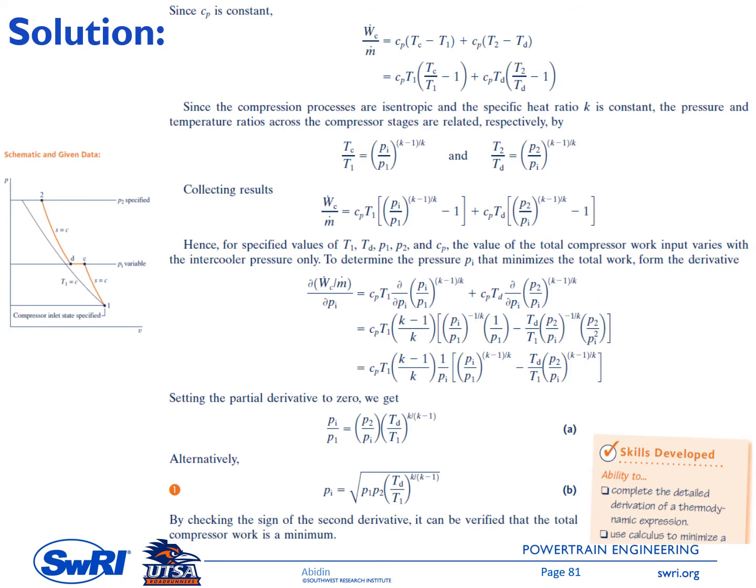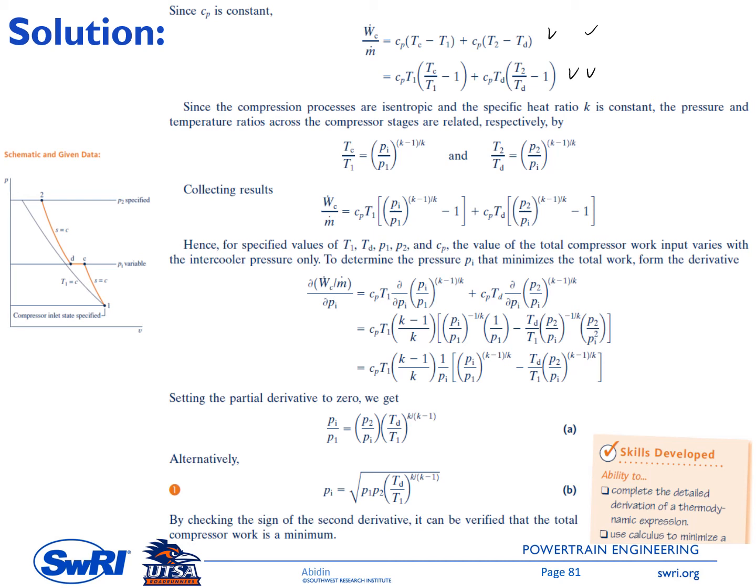The next step is we can replace the enthalpy formula by Cp times T, or if it is delta H, then it is Cp times delta T. So you have this formula, and then you manipulate it slightly.